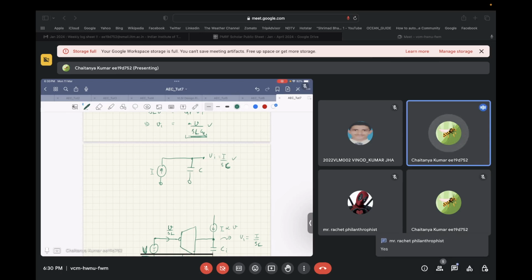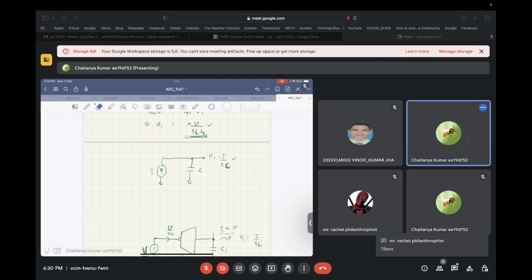So, what can we use in order to generate a current that is proportional to the voltage V? Again, we can use a transconductor.